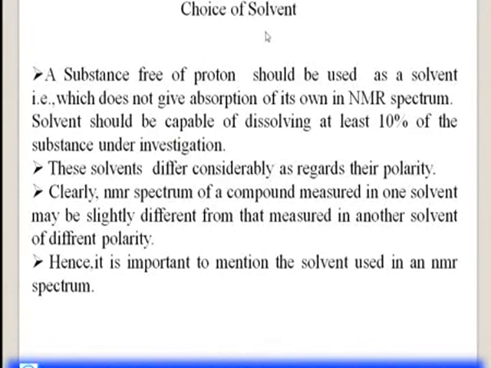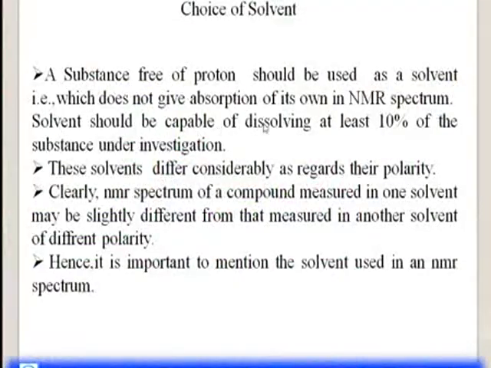Now the choice of solvent. What solvent should we take while preparing the samples for NMR spectroscopy? It is important. A substance free of protons should be used, as we need to detect the type of protons and the type of equivalent protons. So a solvent should be free of its own protons, which do not give any absorption of their own in the NMR spectrum.